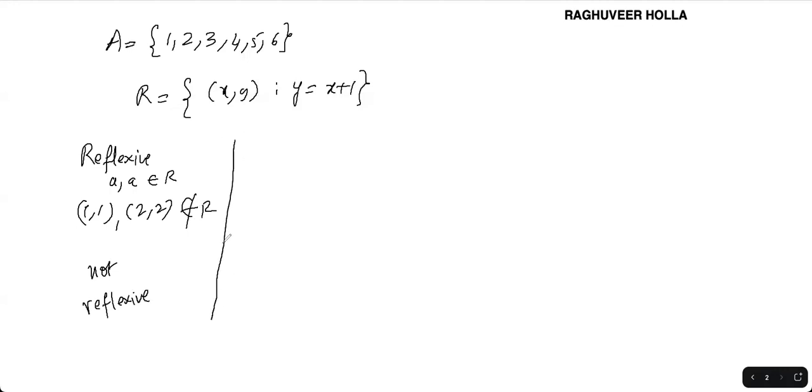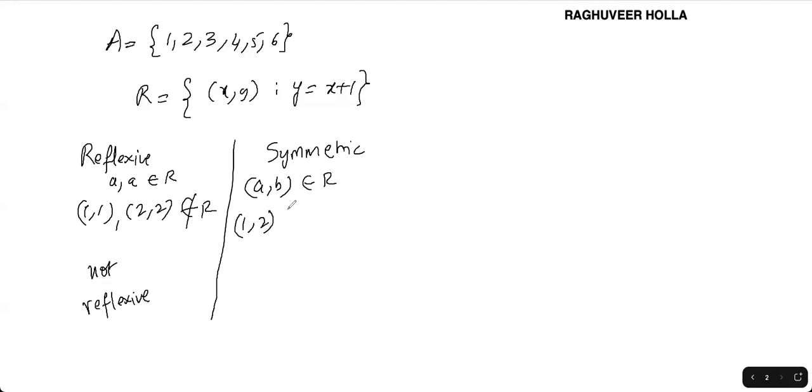Now let us check whether it is symmetric. For symmetric, suppose you have a comma b that belongs to R, then b comma a also belongs to R. Let us take 1 comma 2.